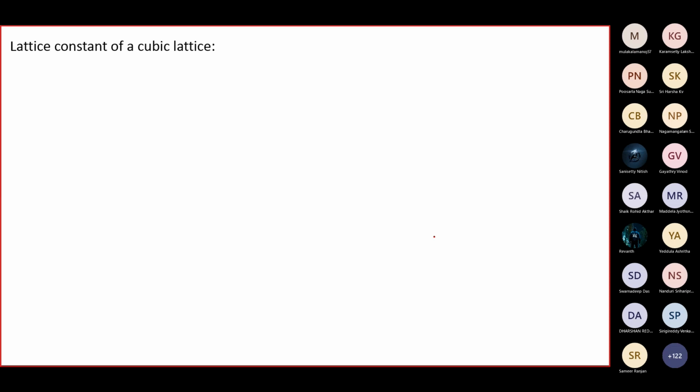The speciality in a cubic lattice is that the lattice constant in all three directions is equal in quantity. Right? So in the cubic lattice, we have rho, the density: total mass of molecules belonging to the unit cell divided by volume of the unit cell.